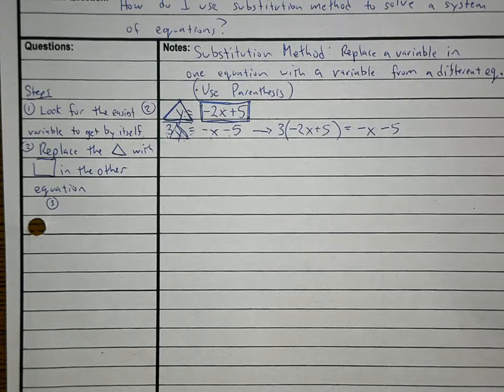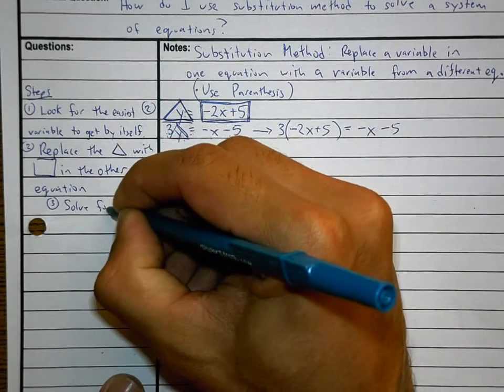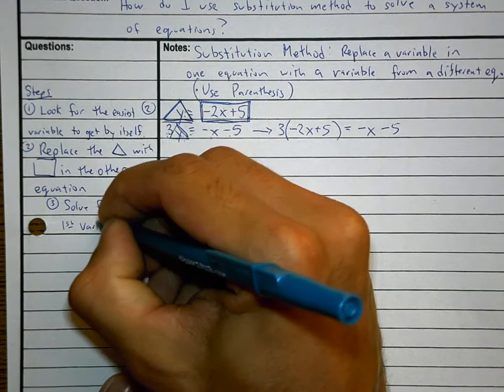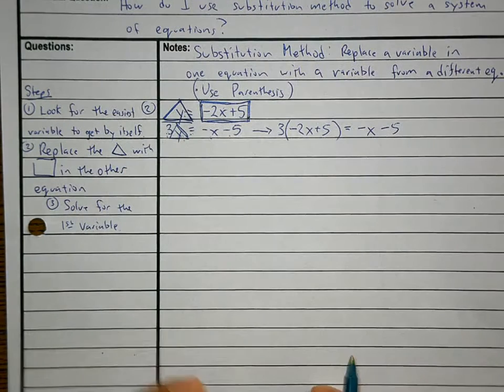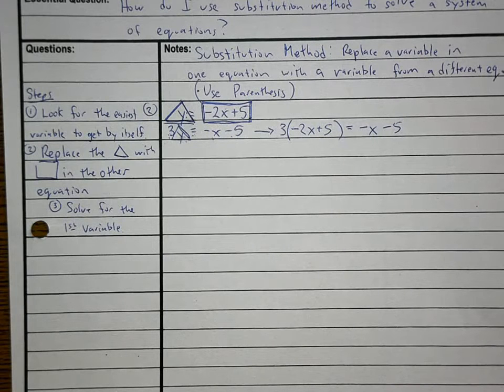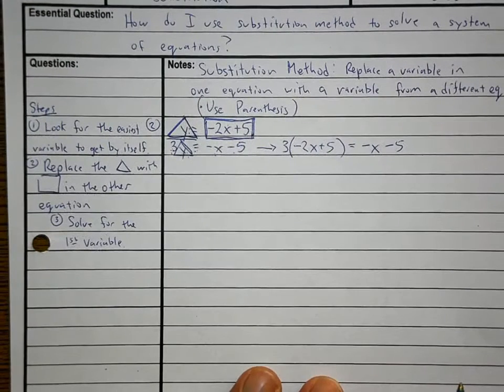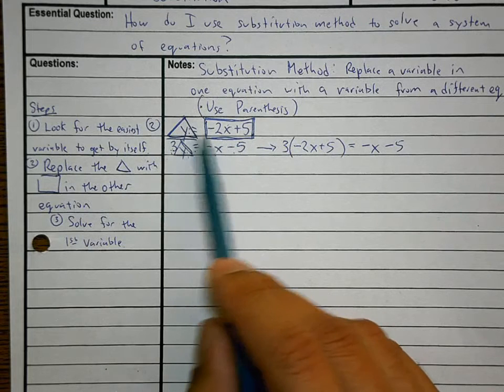We need to write down step 3. Solve for the first variable. Just so you're aware, there's an x and a y over here, so I can't figure out what it is.